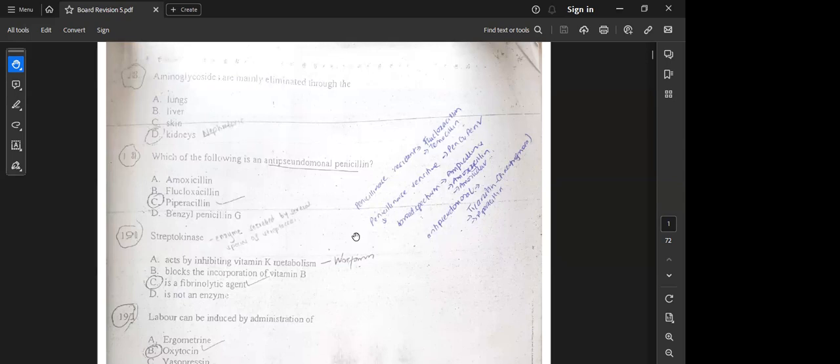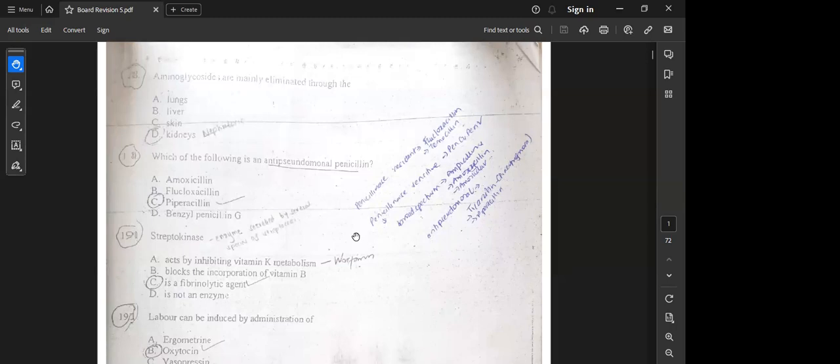So can you say it has a wide, what are they called? The ones which have a wide spectrum. Broad spectrum. They have activity against the aerobic gram negative, and a few gram positive.